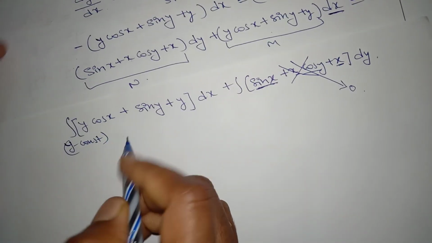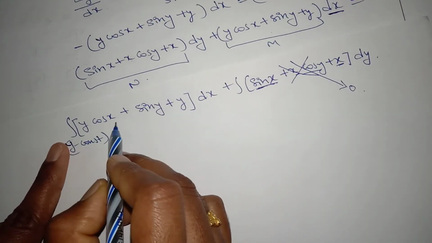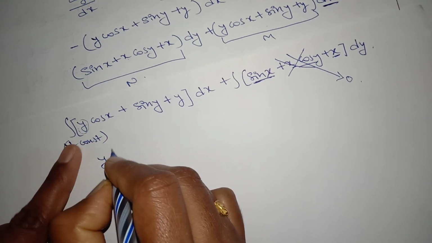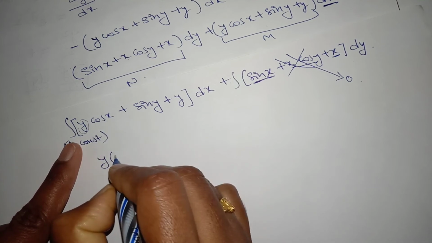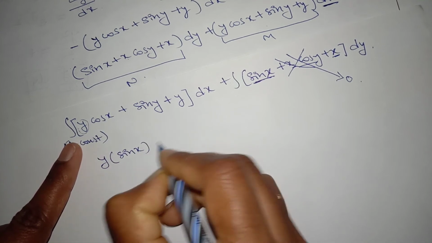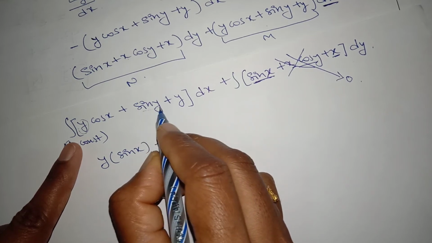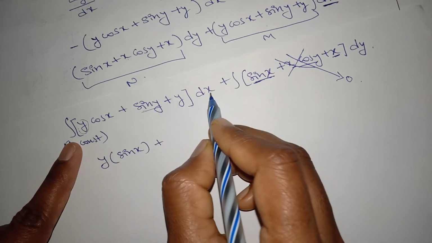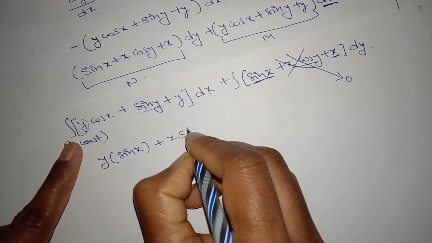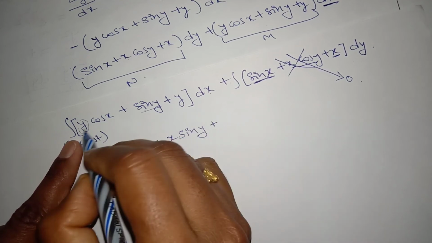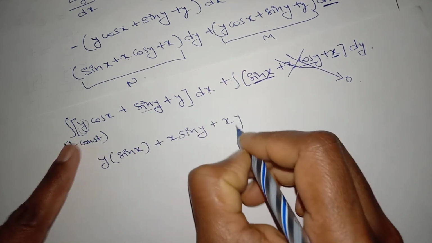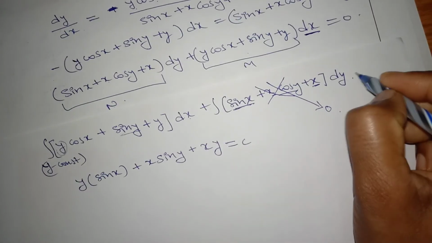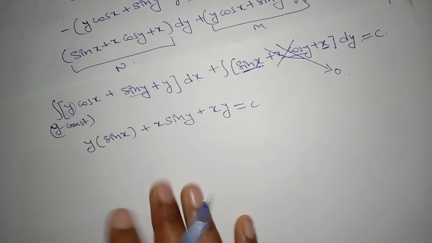Now integrate this one. Integration of y cos x: here y is constant, so I am taking the constant outside. Integration of cos x will be sin x, so y sin x. Since y is constant, integration of sin y dx will be x sin y, plus integration of y dx will be x y, which equals c.